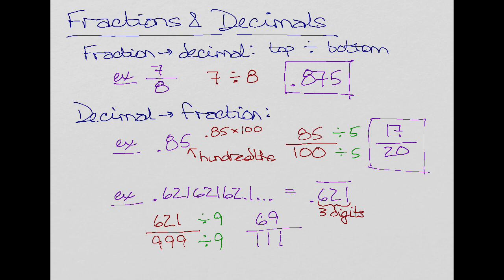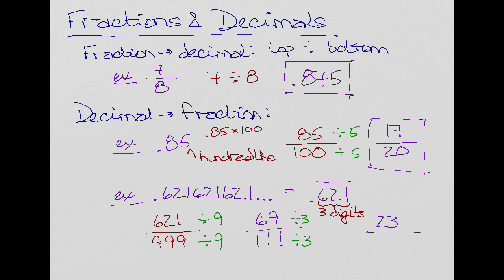And I can actually divide each of those again by 3. I was getting ready to say there's nothing else, but there is. I can divide each of those by 3. I was going to stop too soon. When we're simplifying completely, we want to keep dividing until there's nothing left to divide. So this will be 69 divided by 3 is 23. 111 divided by 3.